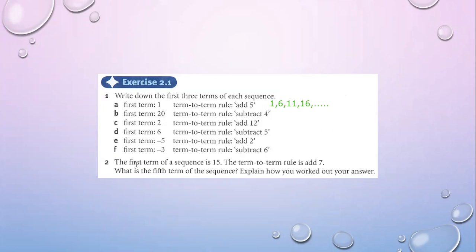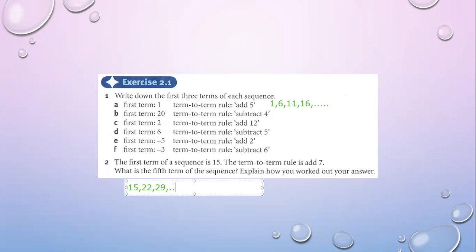Question number 2: the first term of the sequence is 15. The term-to-term rule is add 7. It's the same: first is 15, then add 7 is 22, then add 7 is 29, and so on. What is the fifth term?